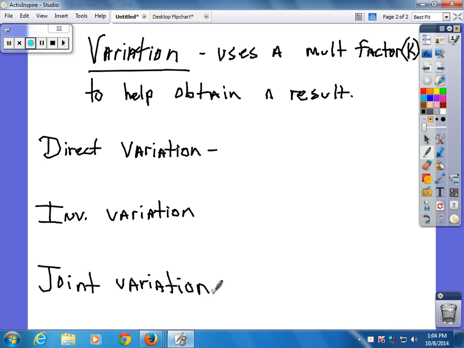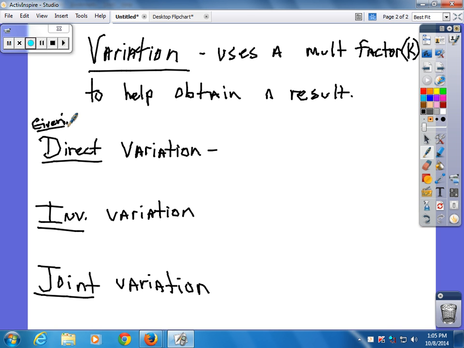Now, these three are all going to be given in the question. In other words, it'll say y varies directly as x, y varies inversely as x, y varies jointly as x. It will tell you what to do. You have to look for it. So these three, inverse, direct, and joint, they will be in the question.